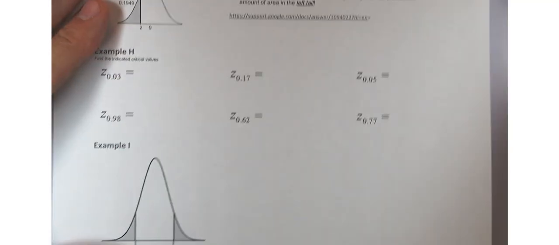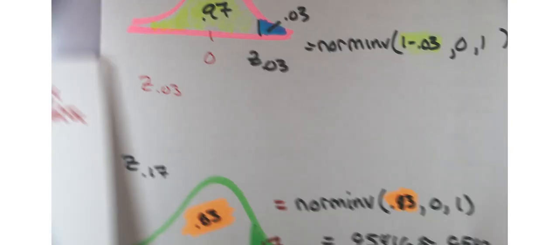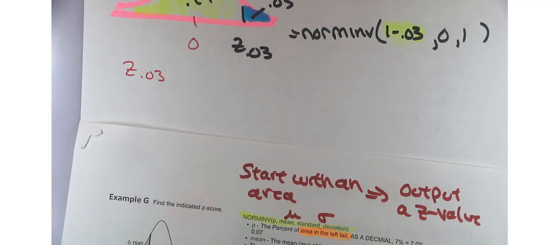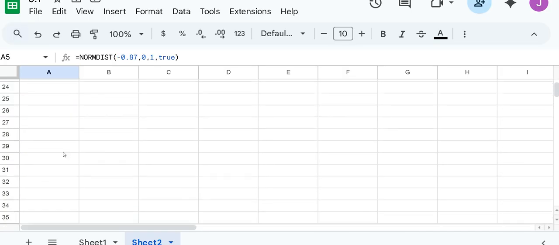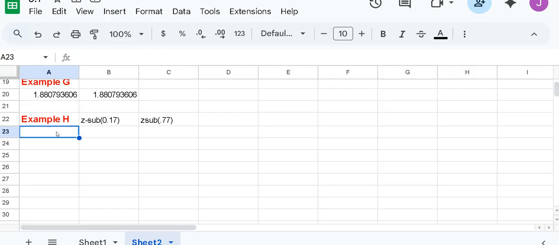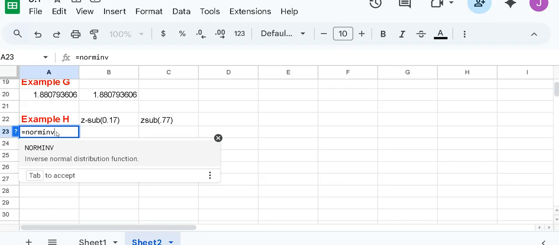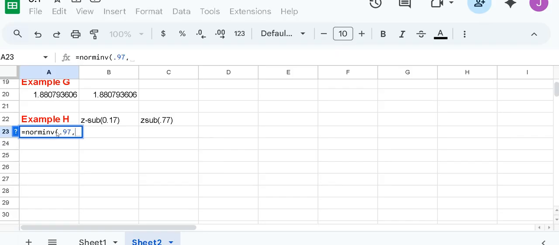So for instance, earlier we found z sub 0.03, and I didn't write it down for myself here, let me write it down. That was, that's not that one, is it? No, it was example H, equals norm inverse of 0.97, comma 0, comma 1, 1.88.